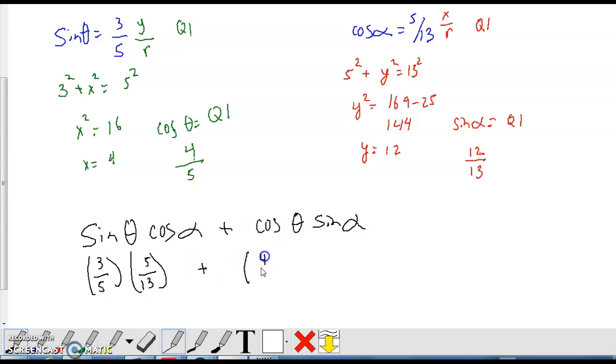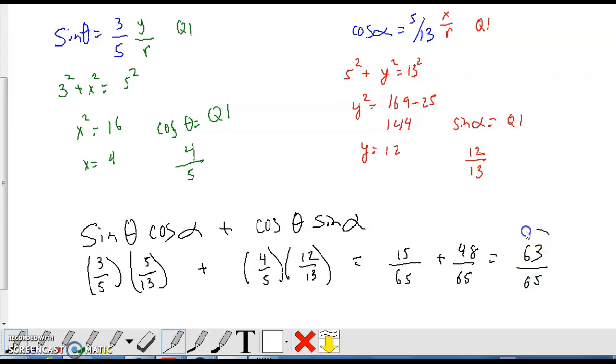Cosine of theta is 4 over 5. And the sine of alpha was 12 over 13. All right, we'll go ahead and multiply this together. So 3 times 5 is 15. And then 5 times 13 should be 65. And 4 times 12 is 48 over 65, which altogether should be 63 over 65.